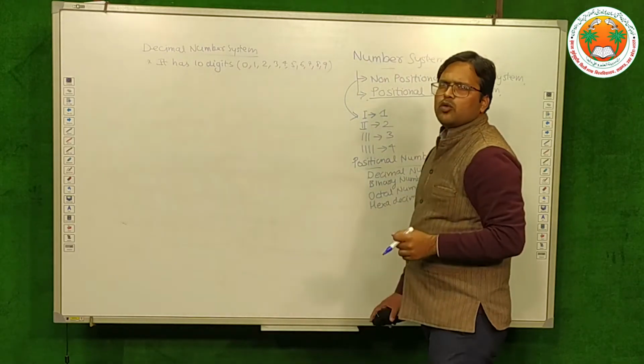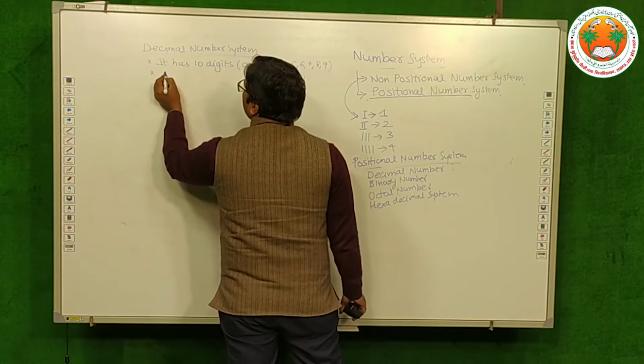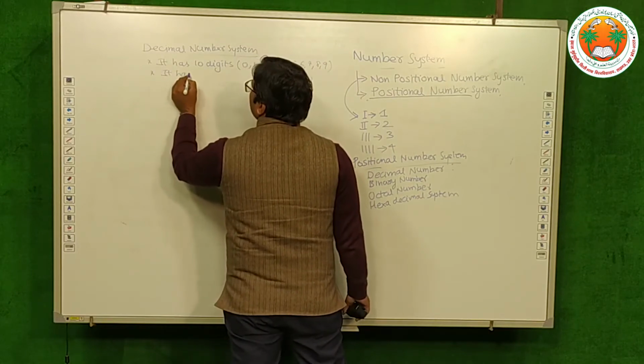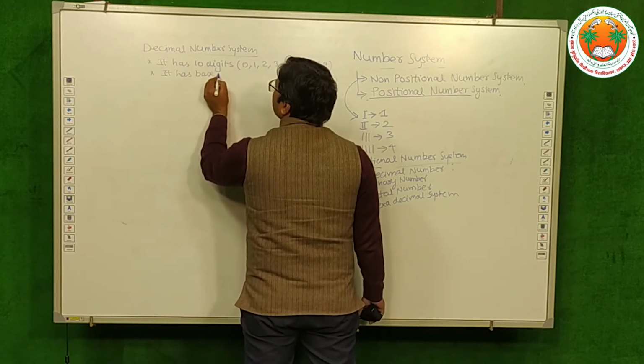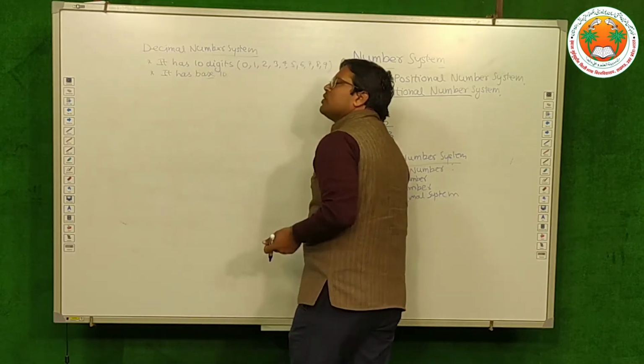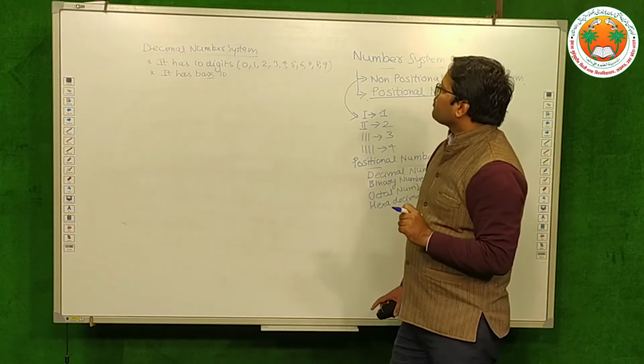These are 10 digits. So the base of the decimal number system is 10. And the question arises, what is base? Actually, base is the total number of digits in a particular number system.